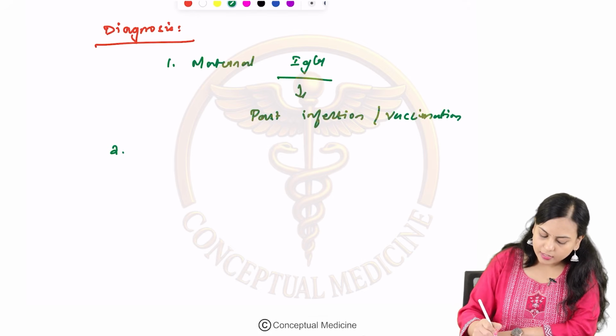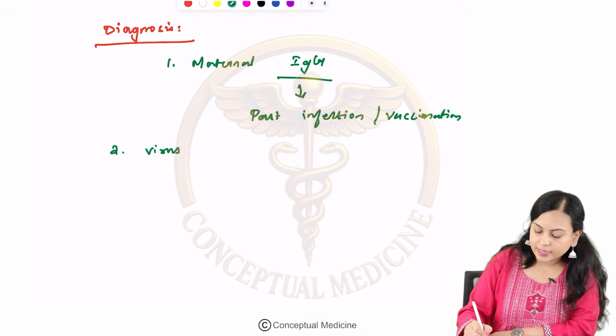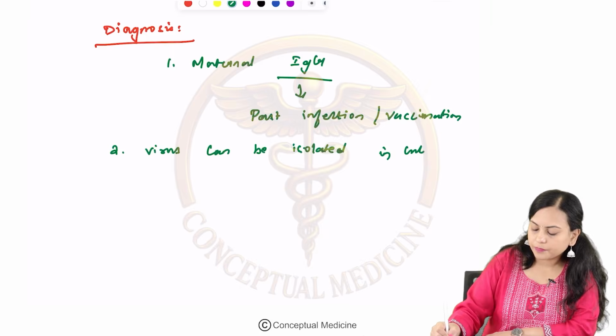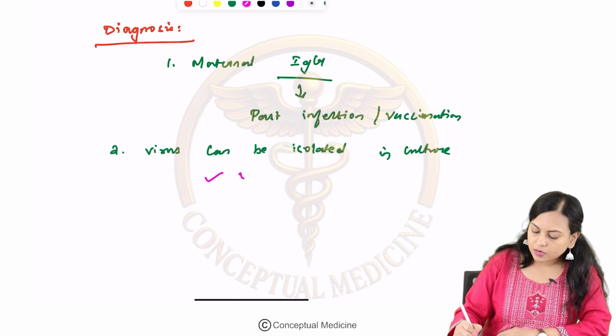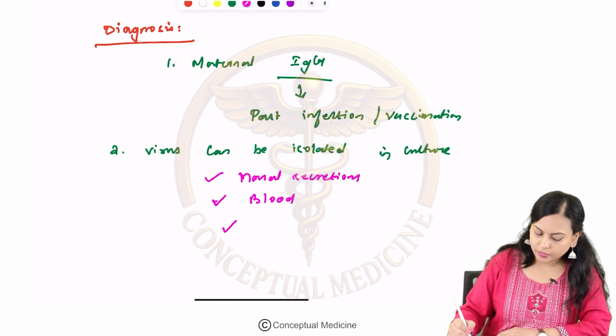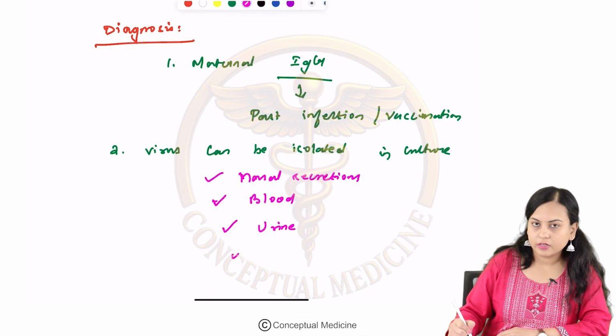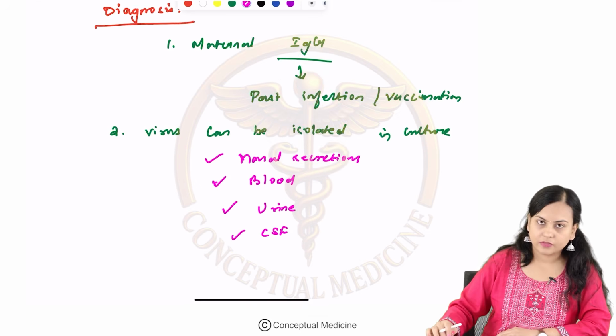And virus can be isolated in culture, the specimens can include nasal secretions, blood, urine or CSF.